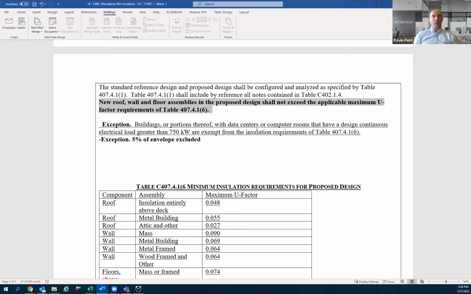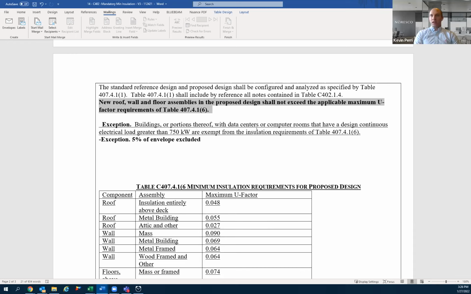Just to clarify, I think it makes the most sense to match the title of table C402.1.4, which is titled Opaque Thermal Envelope Assembly Maximum Requirements, U factor method, to unite those in some way. I'll let you work your magic. So we still need a second on Elizabeth's motion. Yeah, I'll second that. Okay, thanks, Eric.